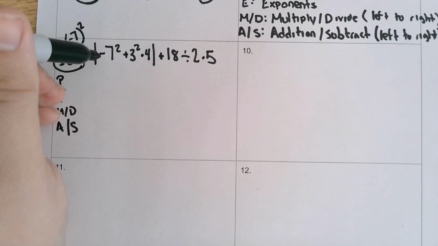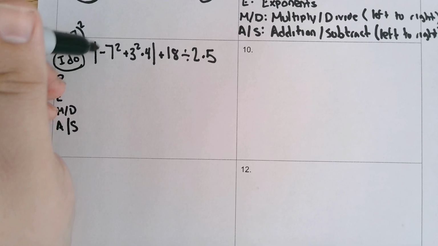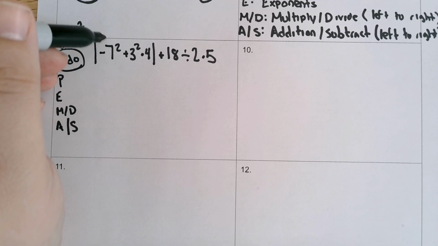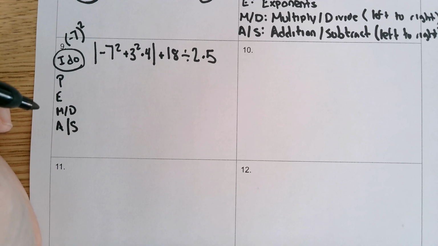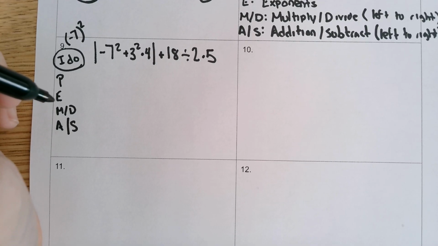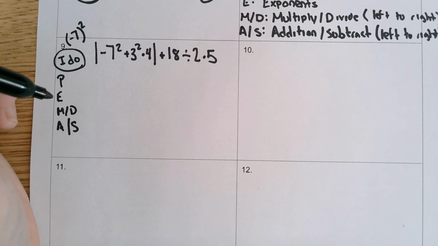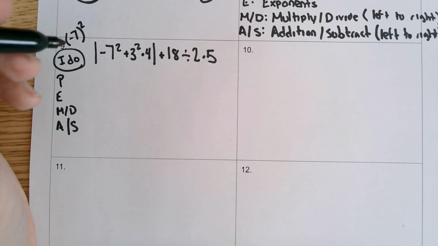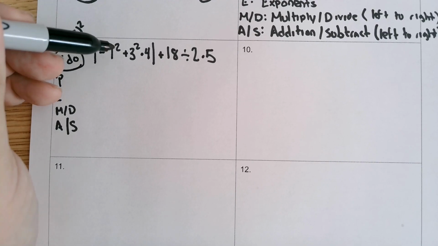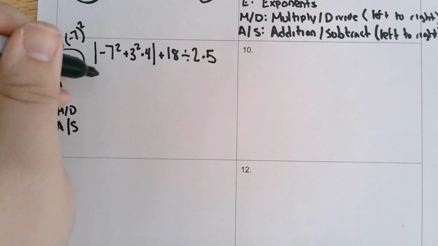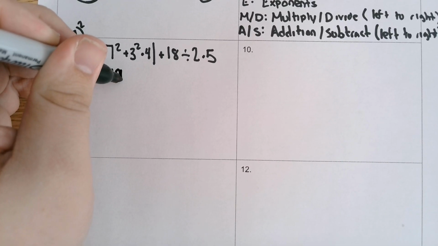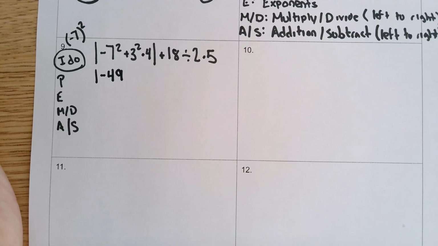However, since you don't have the negative 7 in parentheses, this exponent only applies to the 7. So remember, an exponent is repeated multiplication. It's how many times you multiply a number by itself, essentially. How many instances of that number you have. So 7 squared would be 7 times 7, which is 49. So it would be negative 49.